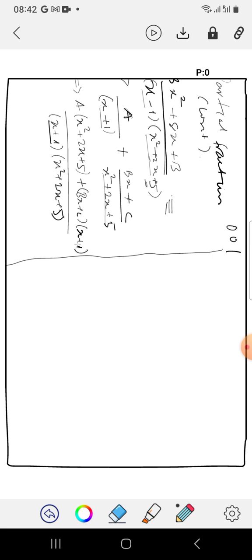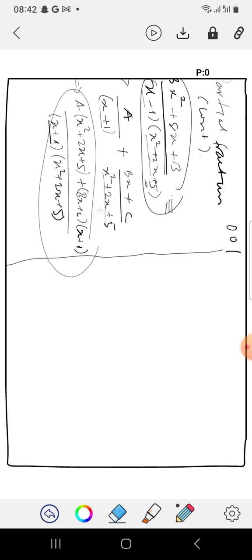Okay, so now when we compare this one and this one, we can see that their denominators are the same. If their denominators are the same, then it means that the numerators are also equal. So we can scratch the denominators now and equate the numerators, or say that they are equivalent.